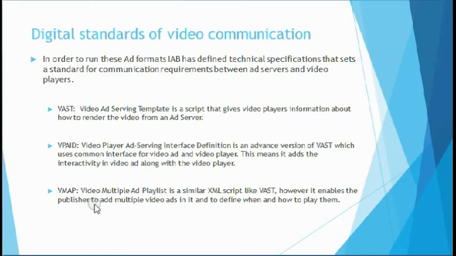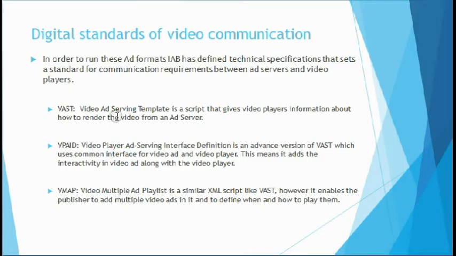A third one is VMAP. VMAP is a Video Multiple Ad Playlist. In a single XML tag, wherein in a VAST XML code we are using only one ad, in VMAP we will be using a multiple video ad playlist in a single XML tag.